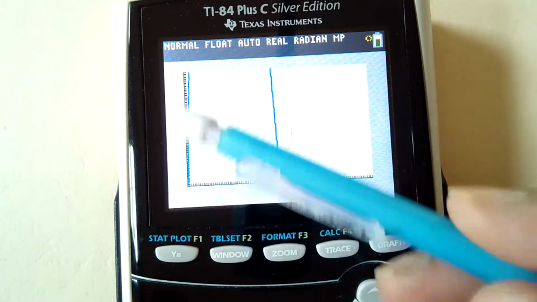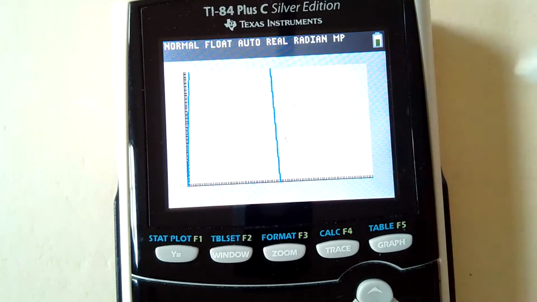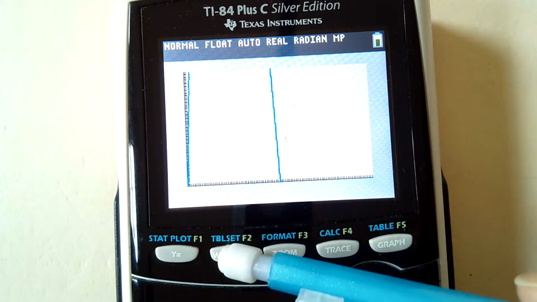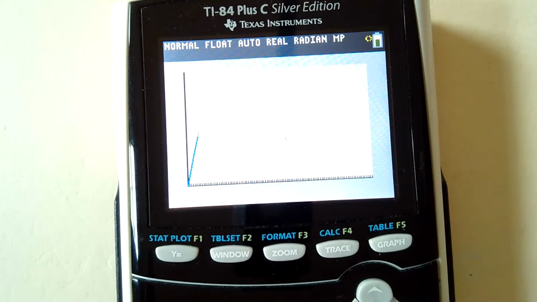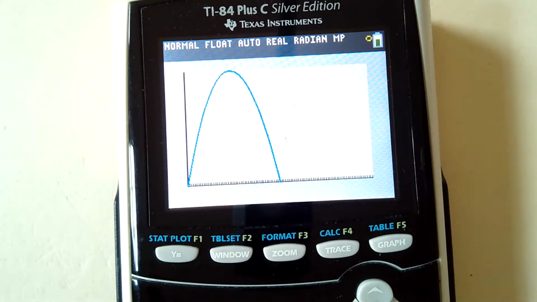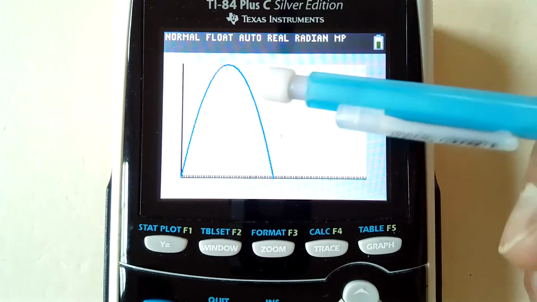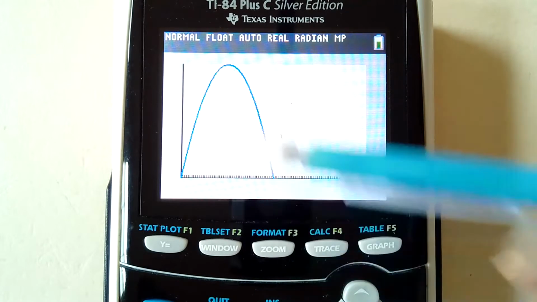Now I can see my parabola going down here, but I don't have enough on my y. So go to my window again, and this time my y, I'll make that maybe 500. And there you can see your parabola. There's another way of doing this. You can press your zoom button and 0, and it will zoom into it.